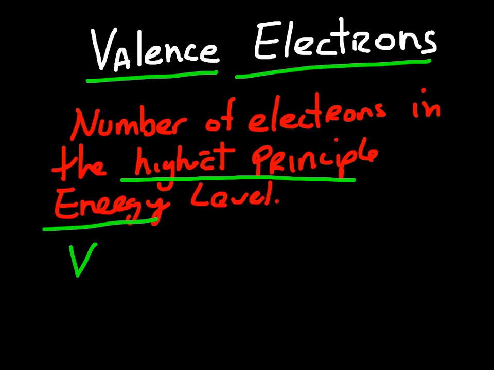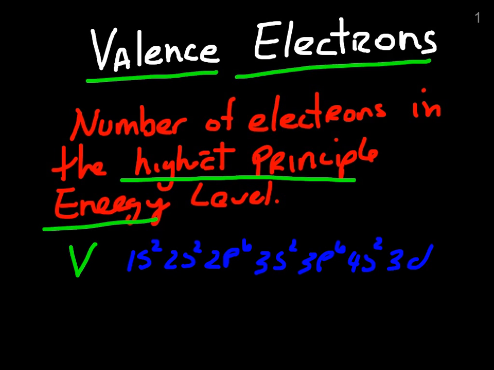So I'll do the long vanadium, but it would be 1s2, 2s2, 2p6, 3s2, 3p6, 4s2, then 3d1, 2, 3. Now, according to the definition, I look at the highest principal energy level, which is 4. The number of electrons in that level is 2, so vanadium has 2 valence electrons.